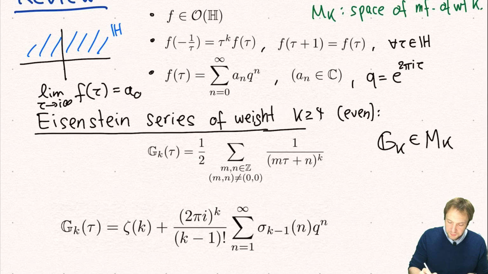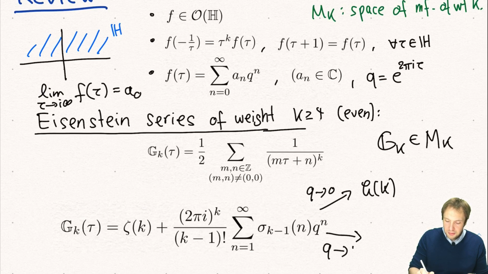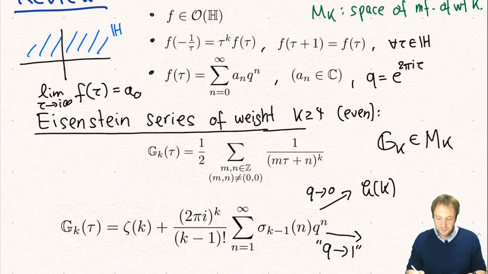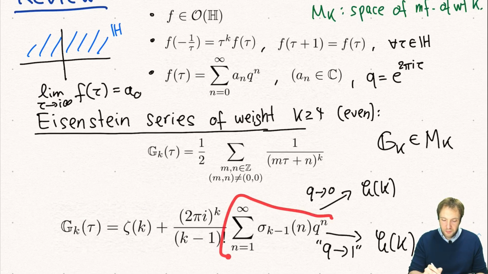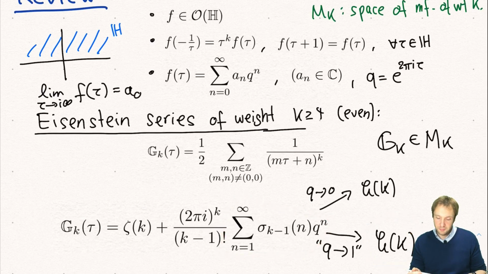So clearly in this sum here, if you send q to 0, what you get back is the Riemann zeta value. But what we want to see today is we will consider the case when q goes to 1, and here I not just send q to 1, I also will multiply by some factor, and then we will also see that we will get back zeta(k), and then we want to modify this thing here to get somehow not just the Riemann zeta value, but any multiple zeta value.